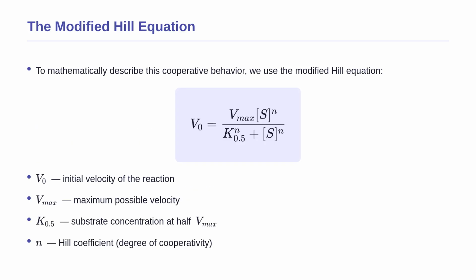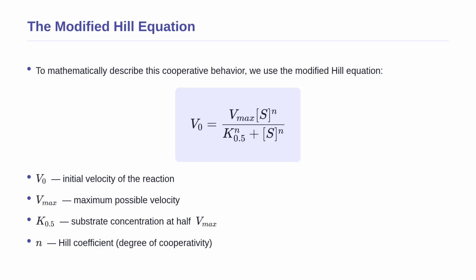To mathematically describe this S-shaped cooperative behavior, biochemists use a modified version of the Hill equation. Let us break down what each symbol means. V0 represents the initial velocity of the enzyme-catalyzed reaction. Vmax stands for the maximum possible velocity, achieved when every single active site is completely saturated.